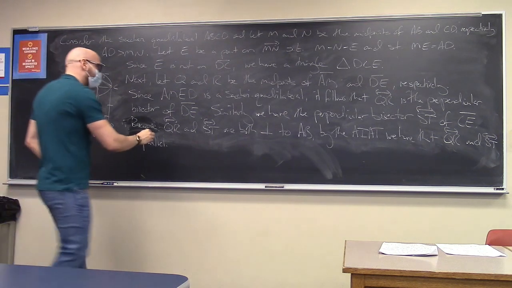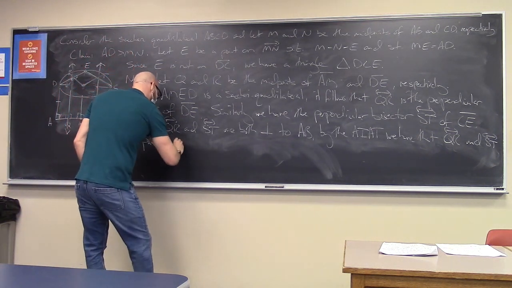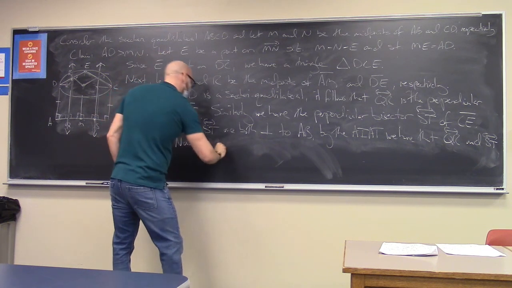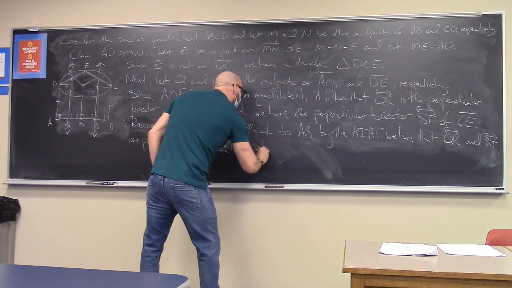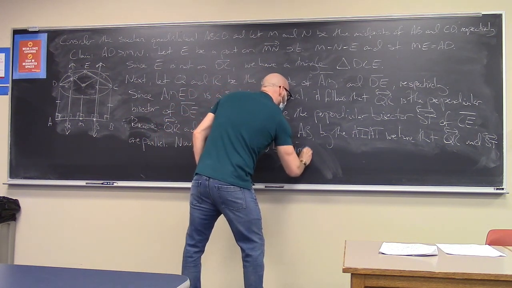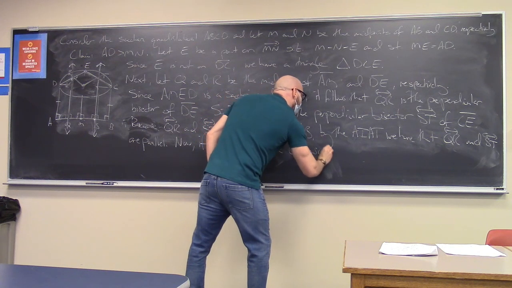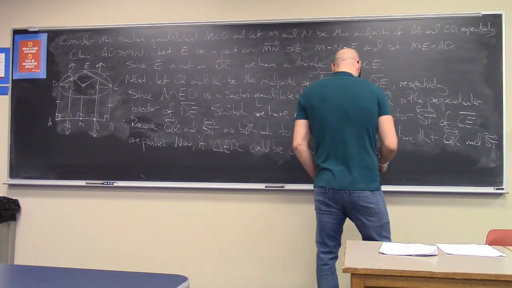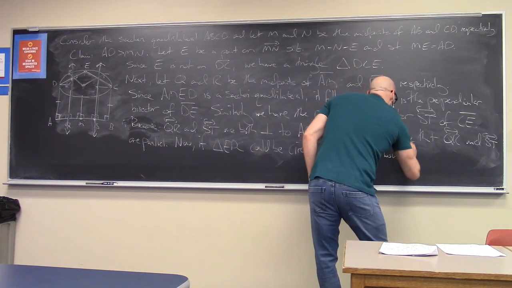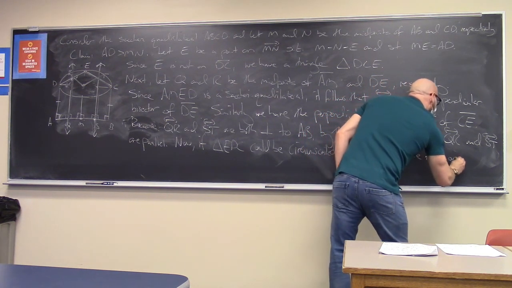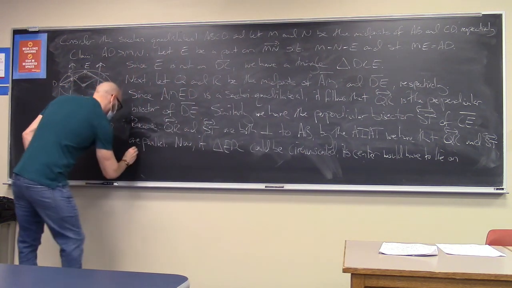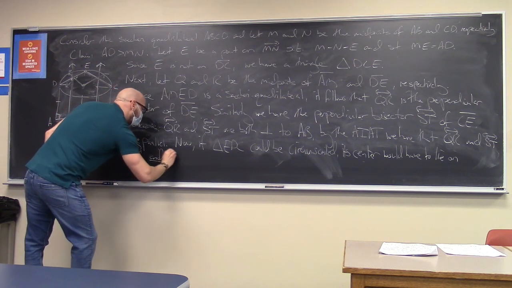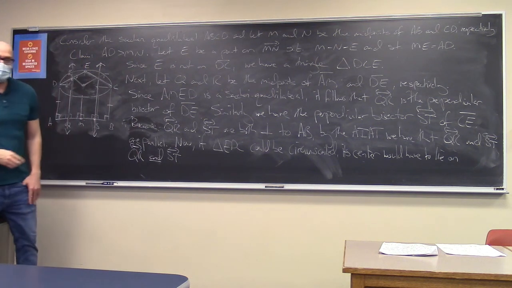So a bit to think about there, but there's a conclusion. So now, if triangle EDC could be circumscribed, its center would have to lie on QR and ST, which is impossible because they're parallel.